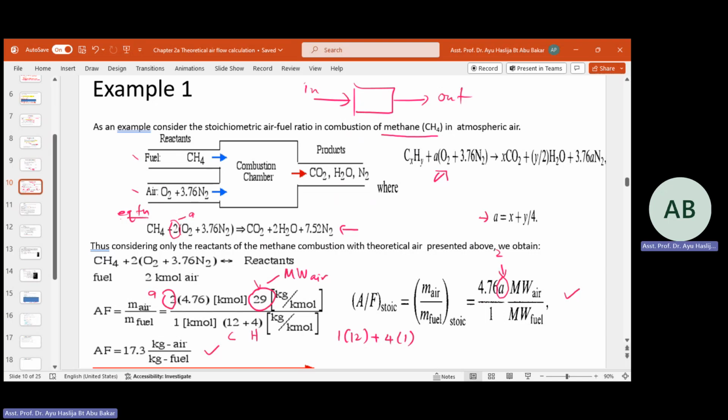Okay, so the amount over here, meaning for every 1 kg fuel, you need this amount of kg air. Daripada equation, 1 mole fuel needs 2 mole air. So in kg, this is the minimum amount. If you supply 17 kg air, what happens?